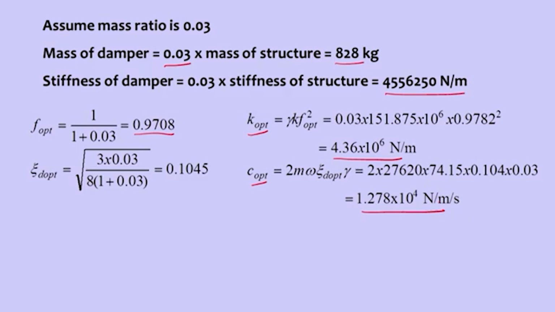When we adopt and apply these values in the compound mass matrix and stiffness matrix, we get the final response as a reduced response. Damping in the secondary system helps the primary system in two ways. Number one, it changes the phase and frequency, because the frequency of the compound system is different from the frequency of the primary system.